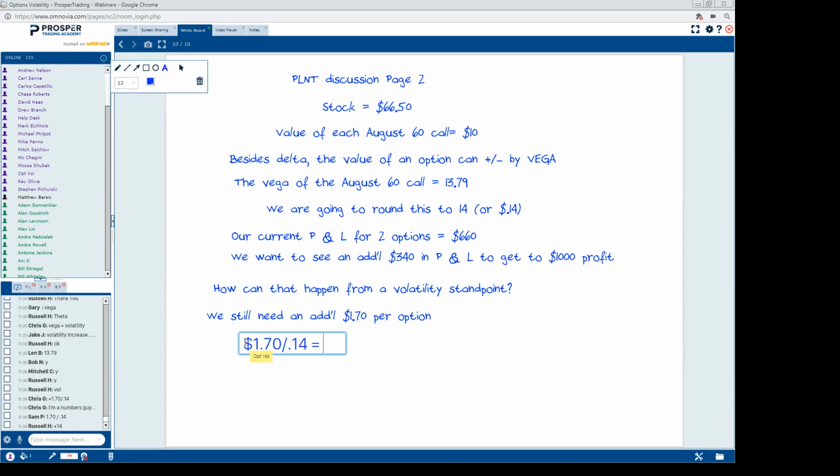That equals 12.14. We need to see implied vol increase by 12.14.